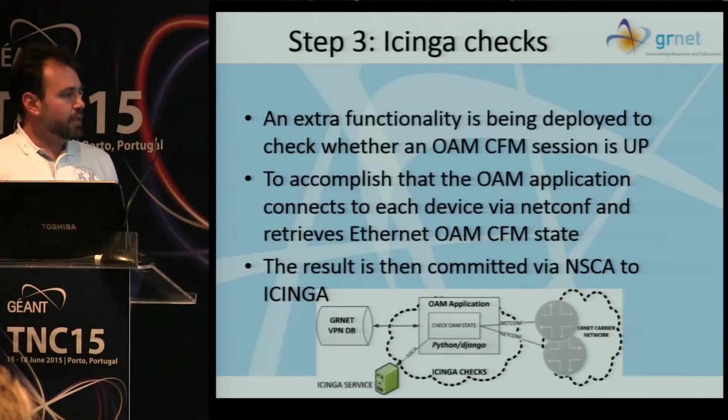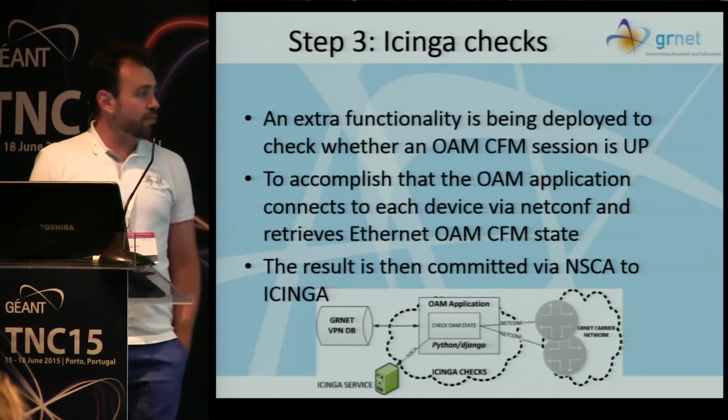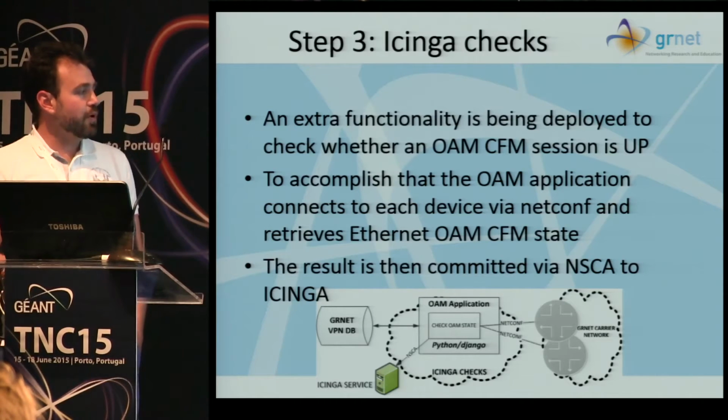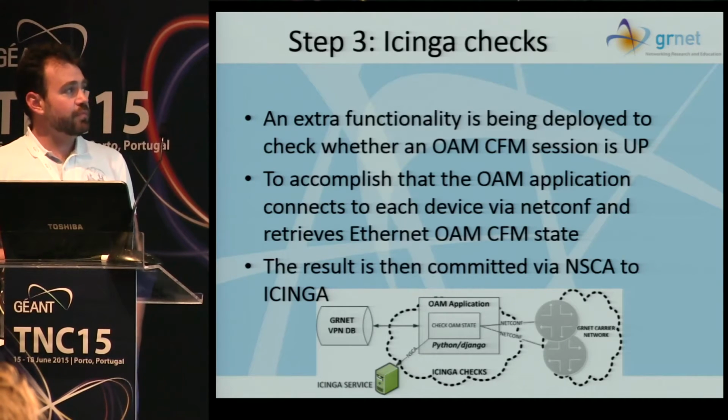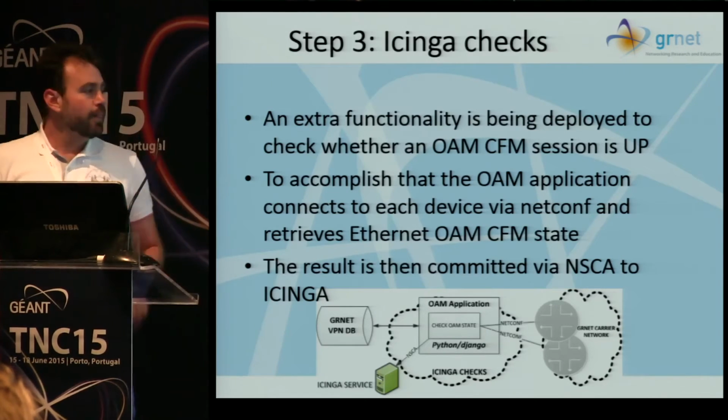Later on, the same application is again traversing all the routers. It fetches information from the routers. Actually, it performs CFM checks with Netconf in order to get the state of the VPN.